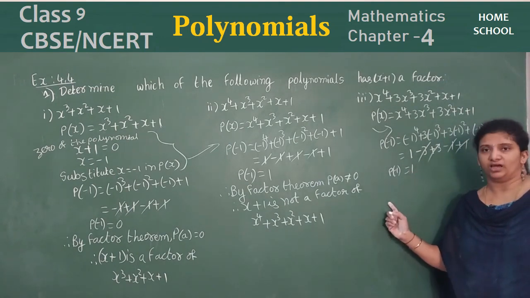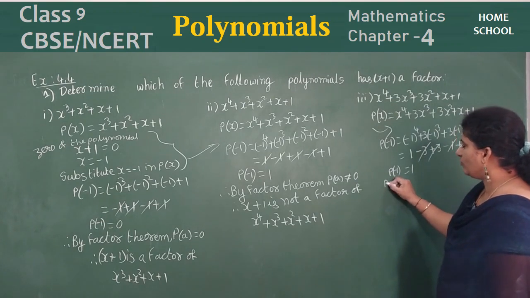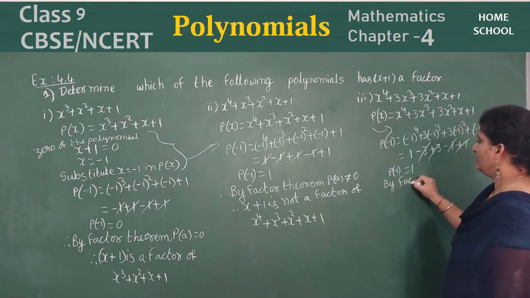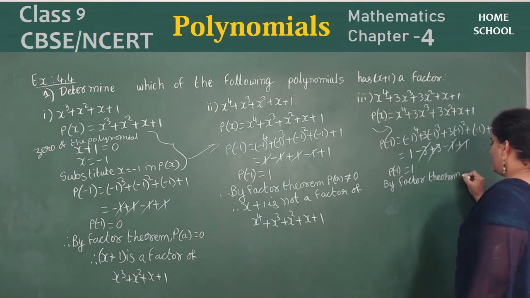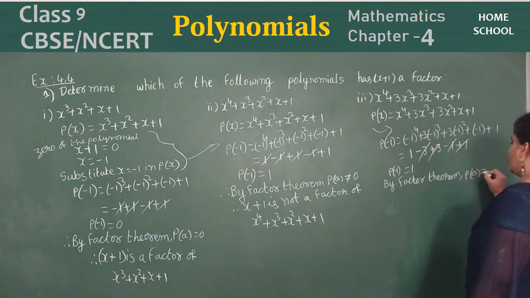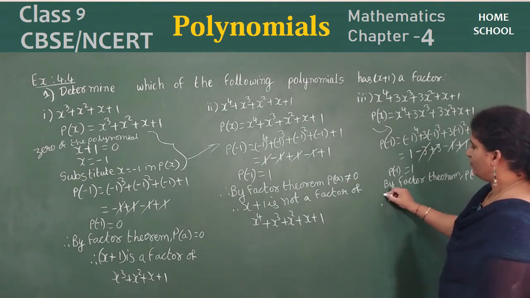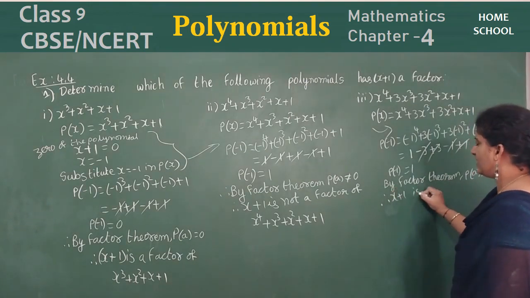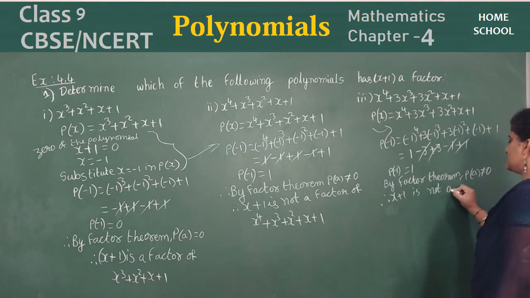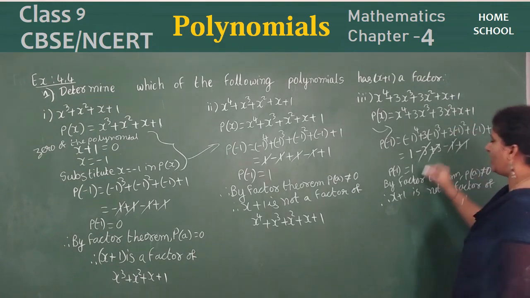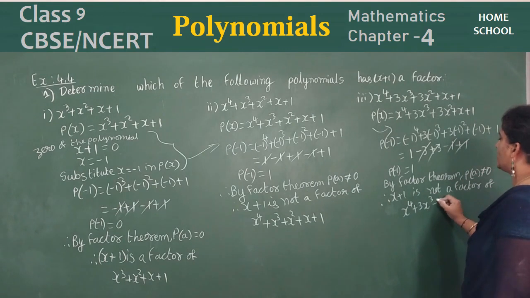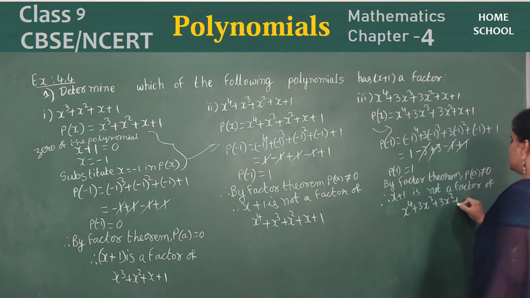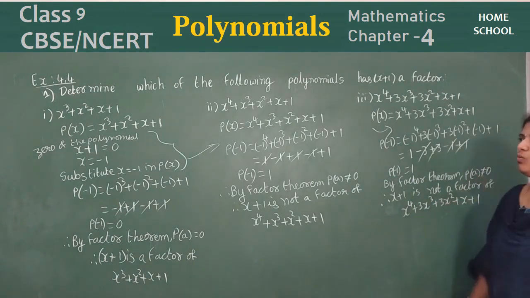By factor theorem, P of A is not equal to 0. Therefore, x plus 1 is not a factor of the polynomial x power 4 plus 3x cube plus 3x square plus x plus 1.